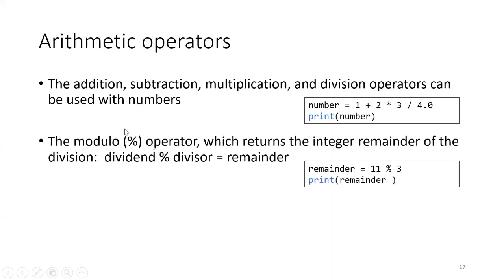We have a special operator used usually in programming, which is the modulo operator, and it returns the integer remainder of a division. For example, here 11 modulo 3 will return 2, because when we divide 11 by 3, the remainder will be 2.